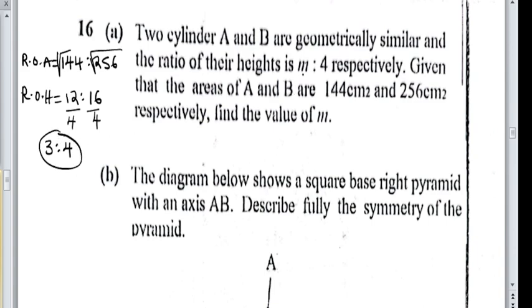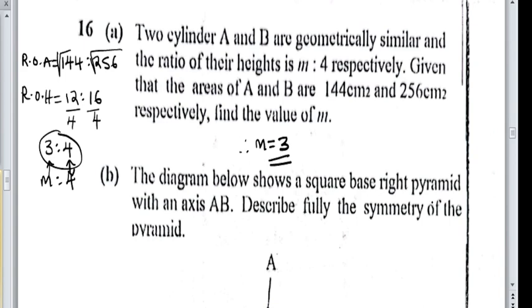And here they told us that the ratio of heights is m to 4. So where we know the 4 goes with the 4, definitely the m will go with the 3. So we'll say therefore the value of m is equal to 3. That has been found. So this is a topic on congruence and similarity. It's a grade 10 topic.